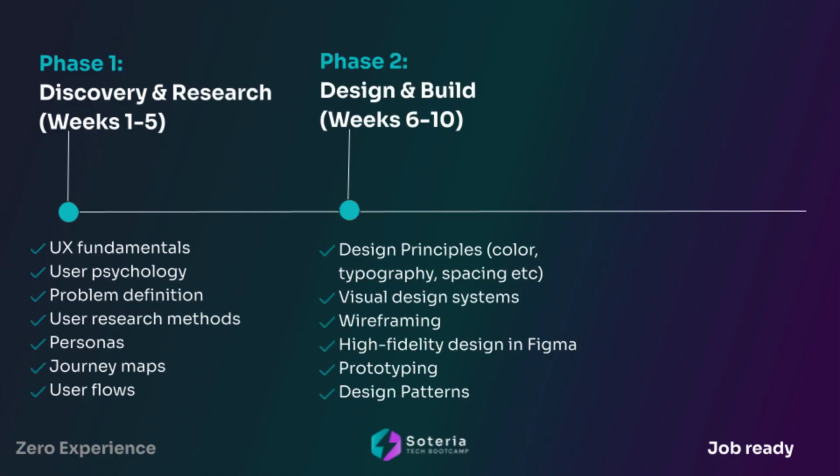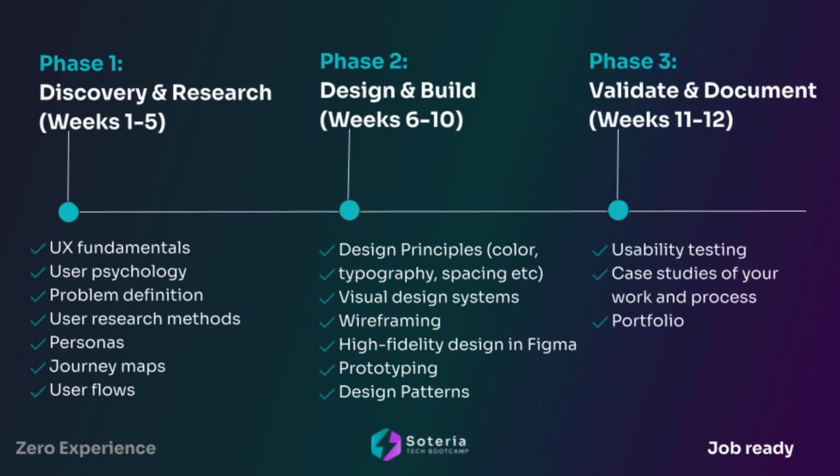Phase two, you want to learn how to design and build. Then phase three is you want to learn how to validate your solutions. Now, it's not a linear thing, right? They are all intertwined, but it's a process, and you have to learn how it works. So that's what you need to learn.